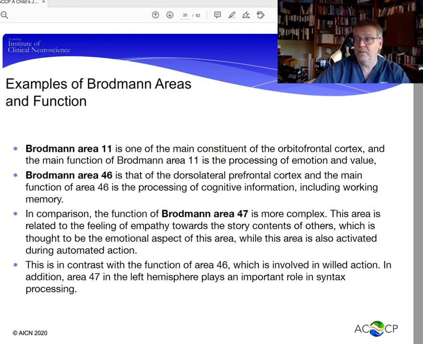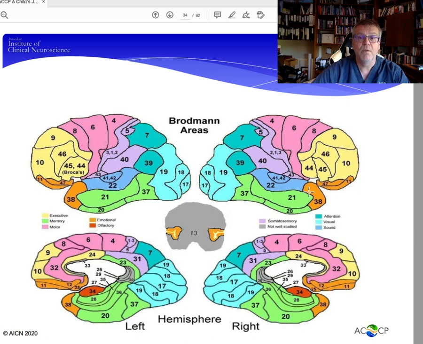Now, I'll just take you back and we'll review where those areas are. So here's area 46, okay? Area 46 is here. Area 47 is hard to see on this map because it's in a little bit deeper aspect.